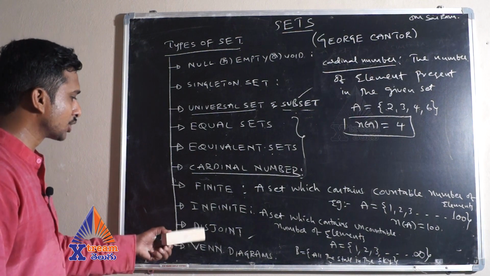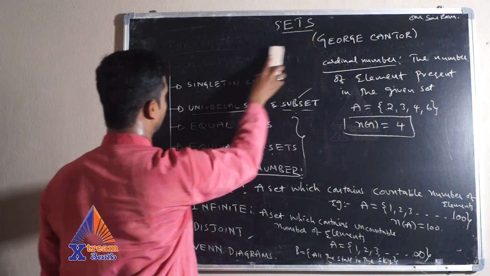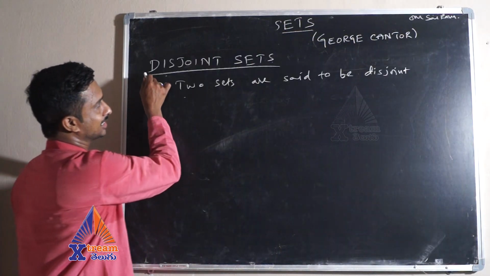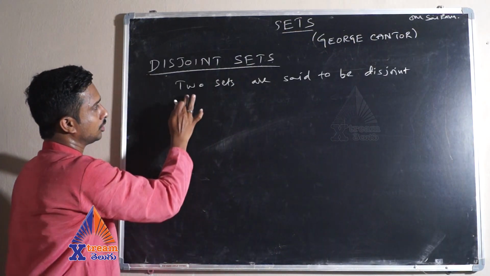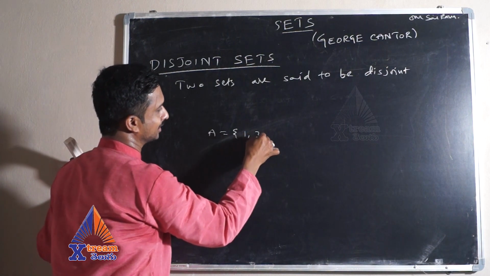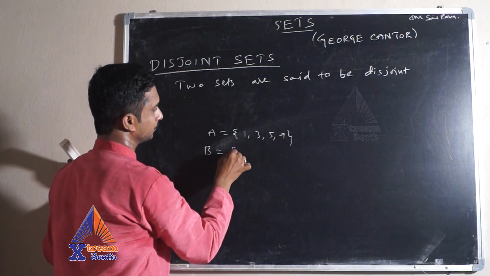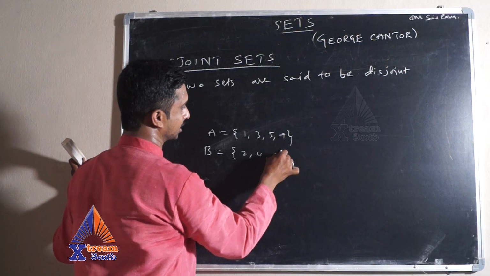Next we have disjoint sets. The word itself says disjoint. Let us discuss disjoint sets. Let me give one example. A is 1, 3, 5, 7 and B is 2, 4, 6.